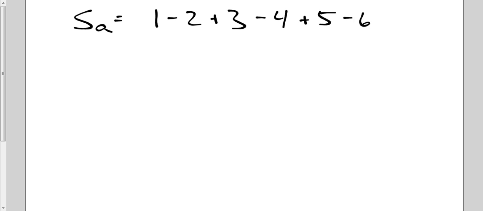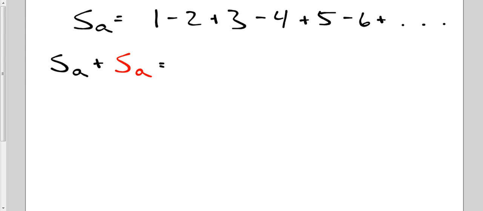Now, remember we had S sub A, which equaled 1 minus 2 plus 3 minus 4 plus 5 minus 6 plus ... right? That was S sub A. Now, I'm going to take that S sub A and I am going to add S sub A. Okay? So I'm going to do the first one in black, and I'm going to do the second one in red.